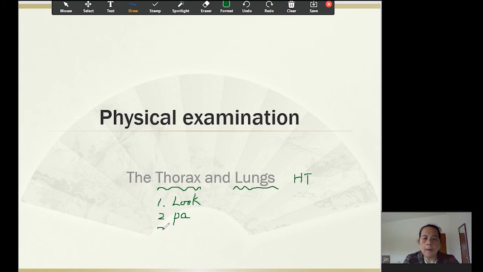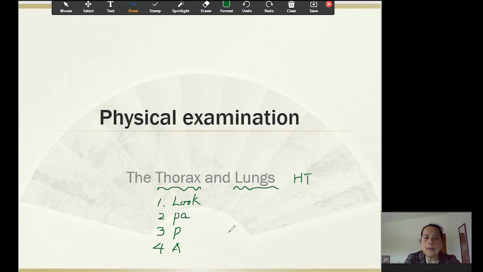Three is percussion. Four is auscultation. So that's Western medicine. We still have 4 ways to do physical examinations.